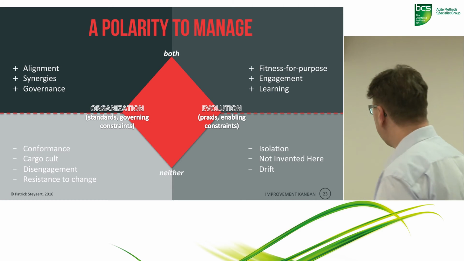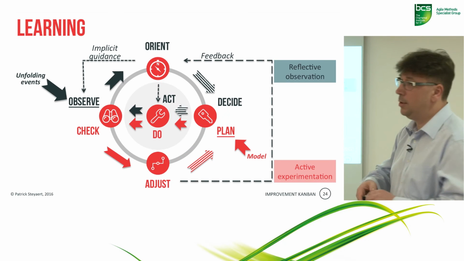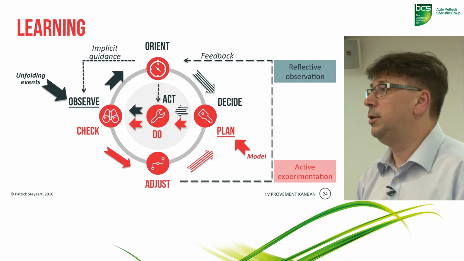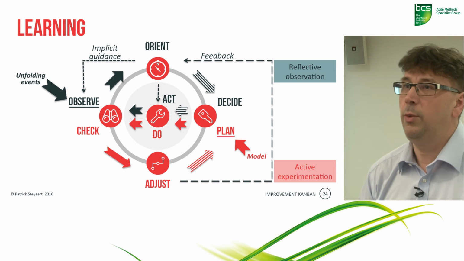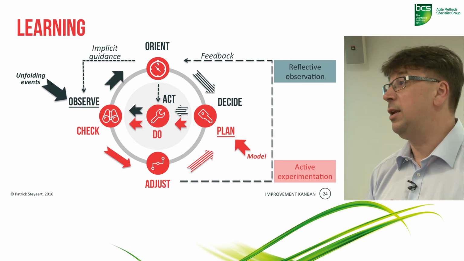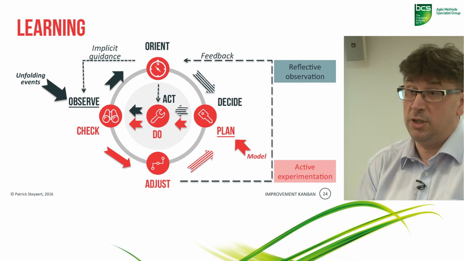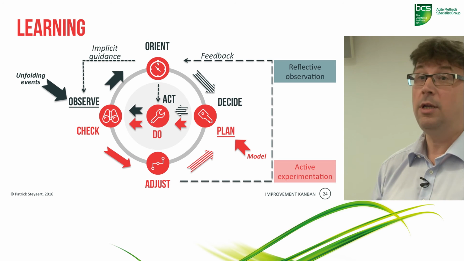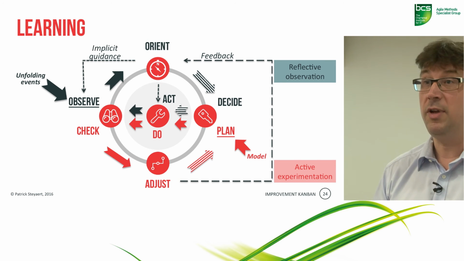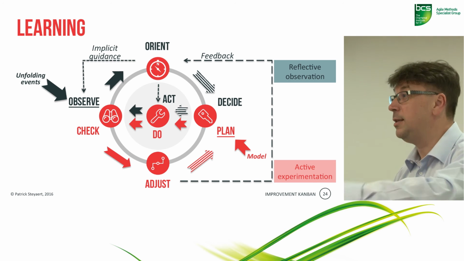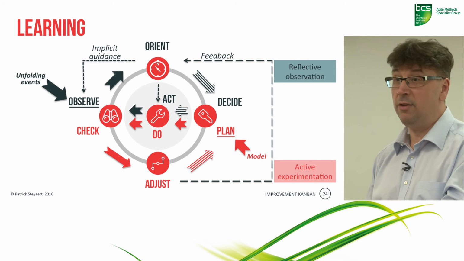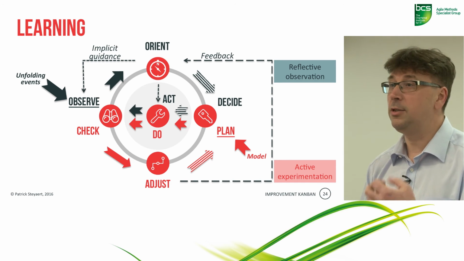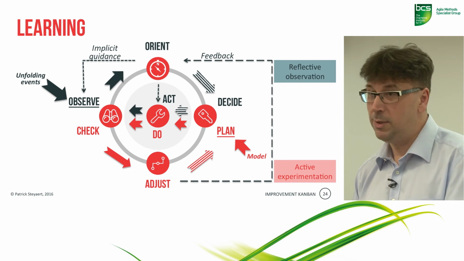Now, in order to support the change process in a more ecological way, obviously, on the one hand, we need to have a process for learning. So the processes that we already touched upon in terms of reflective observation, observe, orient, decide, act, from the unfolding events, like the retrospective. So that's our eyes and ears into the teams.